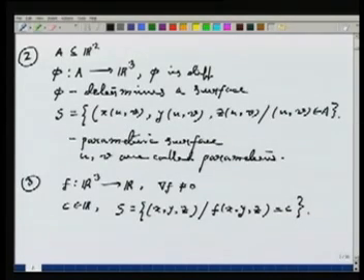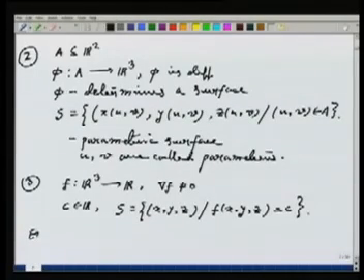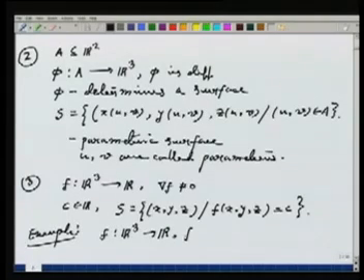Now why is this a surface? The way to imagine that this is a surface is that suppose x and y are given to you. Then from the rule f(x, y, z) equals c, since I know the definition of f, I can actually find out what z is. For example, I take a very simple function f from R3 to R given by f(x, y, z) equals x plus y plus z.